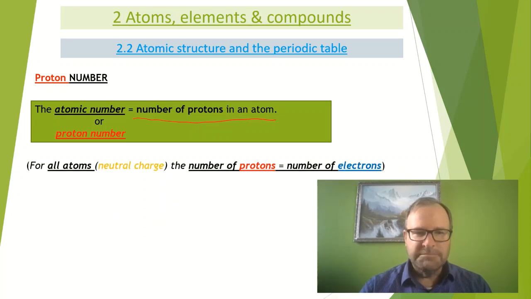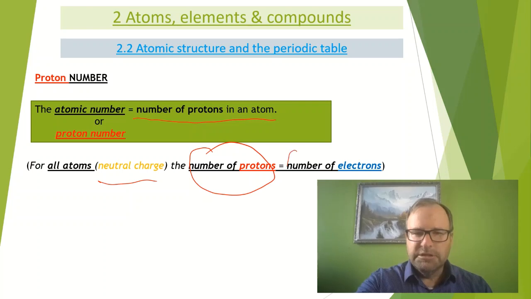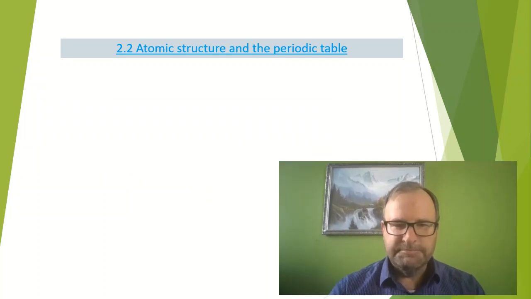Atoms are a neutral charge. The reason being, they have the same number of protons as electrons. So if we've got 5 protons and 5 electrons here, they cancel out to give you an overall charge of 0. So all atoms have a neutral charge.